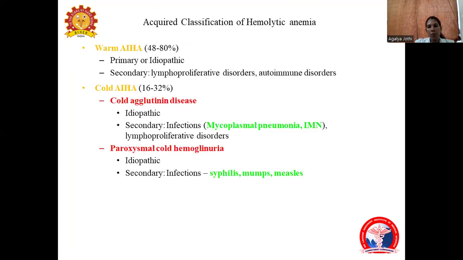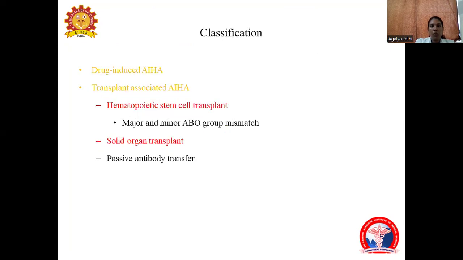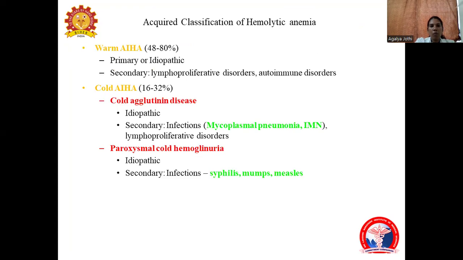It is warm autoimmune hemolytic anemia, cold autoimmune hemolytic anemia, drug-induced autoimmune hemolytic anemia, and transplant-associated autoimmune hemolytic anemia. The most common cause for warm autoimmune hemolytic anemia is primary or idiopathic. Secondary causes will be lymphoproliferative disorders and autoimmune disorders.